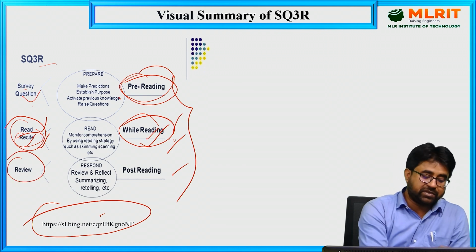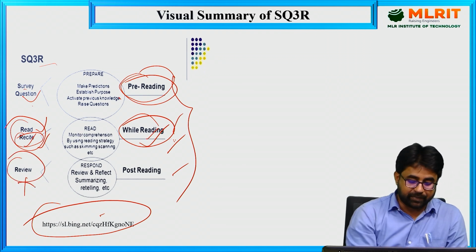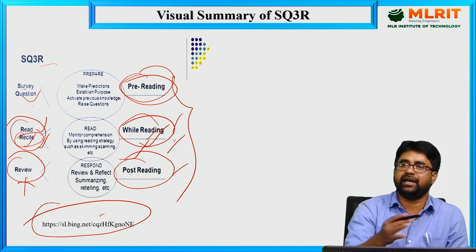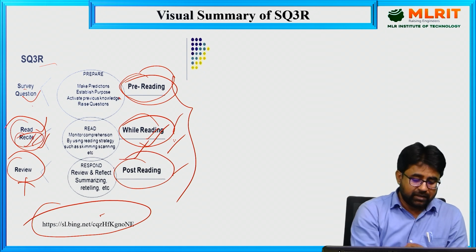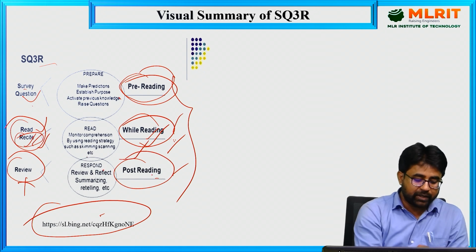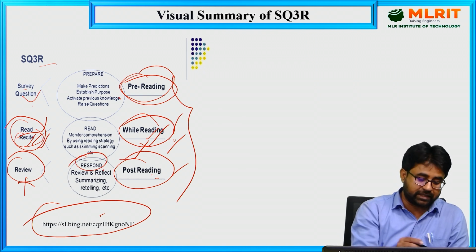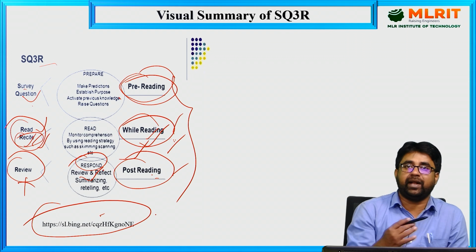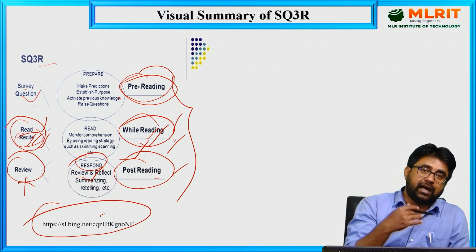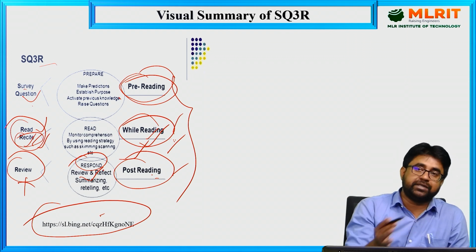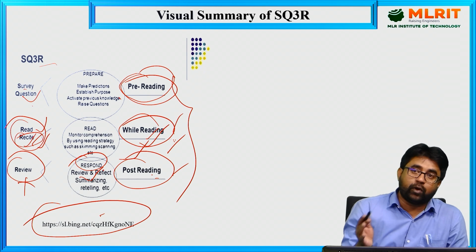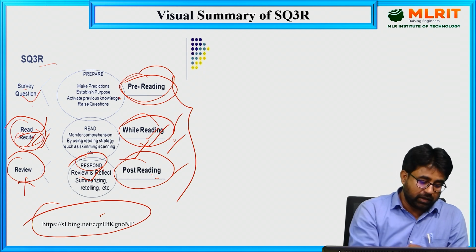And then the last step, that is review, that happens in post reading. So it's after the reading and recite part is done. This is post reading. What you do? You respond, like you quiz yourself and then try to respond to those questions. You review and reflect. You reflect whether you have already got some idea about whatever you understood from reading the text, whether you already had some pre-existing knowledge or not. And then you summarize.